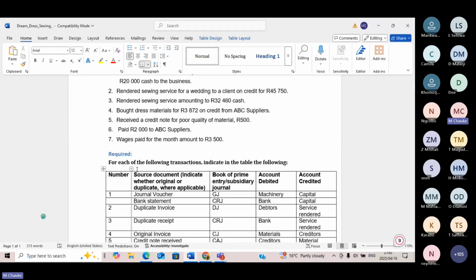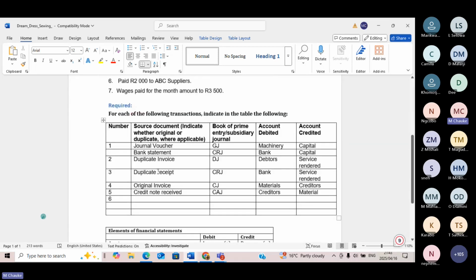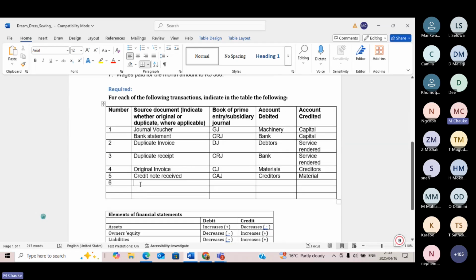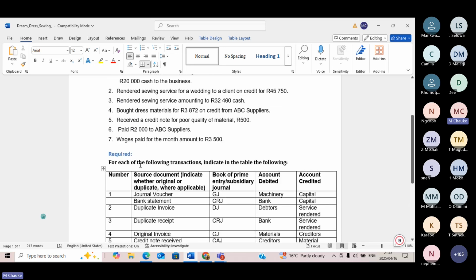Here you are paying your suppliers 2,000 rand, right? So when you pay your suppliers, they're going to give you an original receipt. Are you with me? They didn't indicate whether you paid through your bank or EFT or whatsoever. So you can say EFT as well. It's still going to qualify.